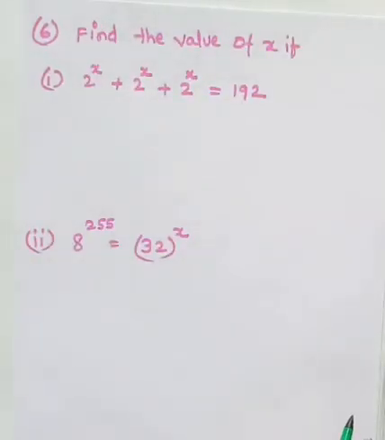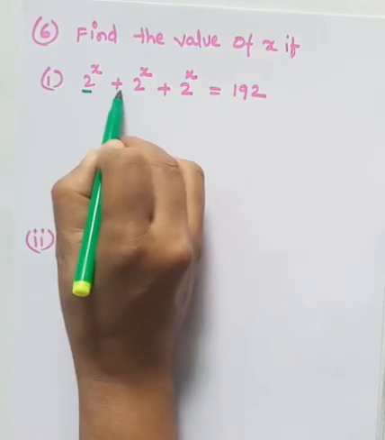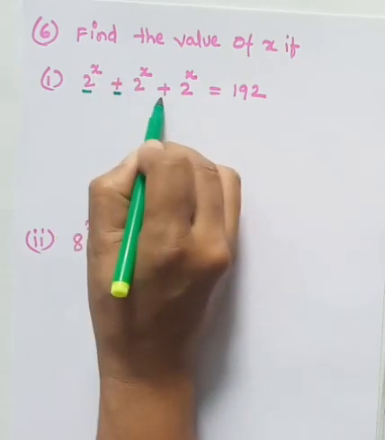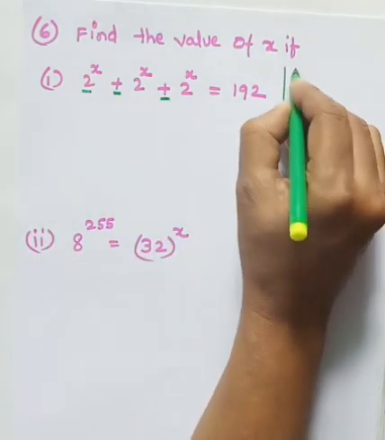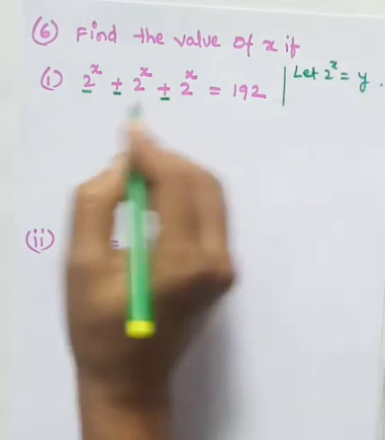Now see this. Find the value of x if 2 power x plus 2 power x plus 2 power x is equal to 192. There is nothing to panic here. If it would have been multiplication, you would have done x plus x, but there is plus here. So let us start this as let 2 power x be y. Now see, it will be very simple.